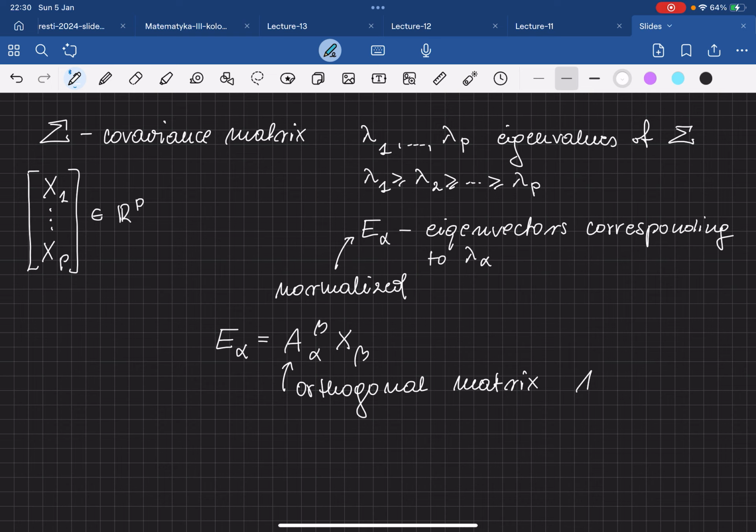Orthogonal means that if we want to have an inverse, it is the same as the transpose.